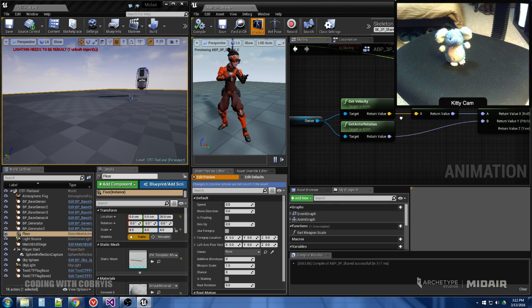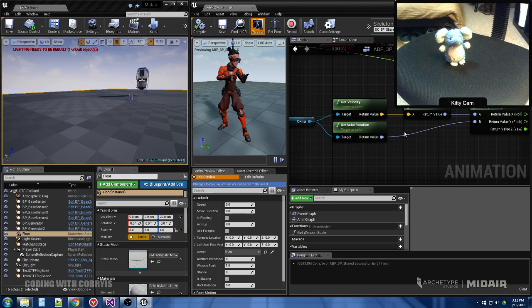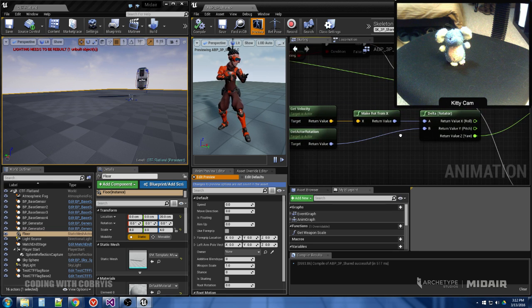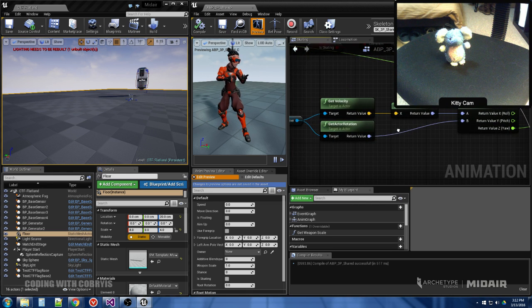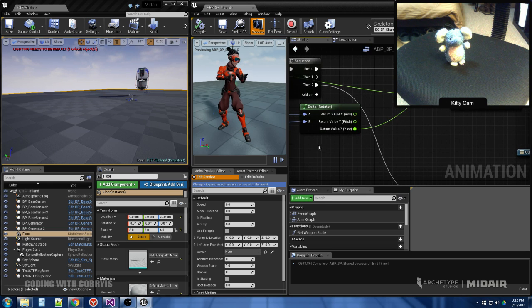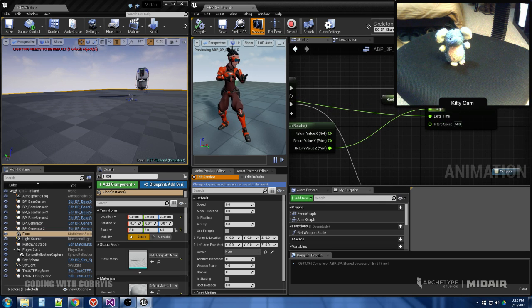So I make a rotation from their velocity. That rotation minus our rotation gives us the direction we want to face.